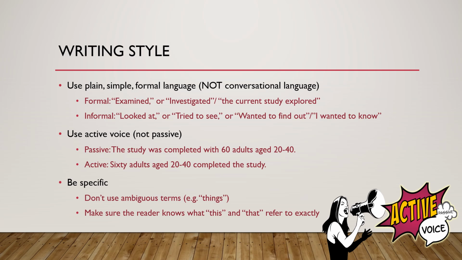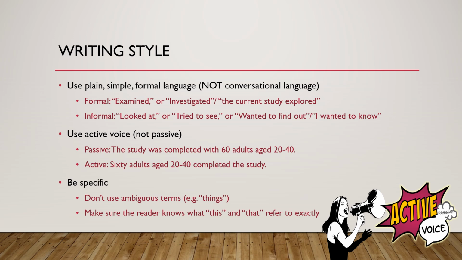Well, who completed this study? Was it those adults, or was it the researcher, or who was doing this? Oh, okay, no, active is the 60 adults aged 20 to 40 completed the study. You see how you took the subject, those 60 adults, and put them right at the beginning so the reader knows who is doing the action.